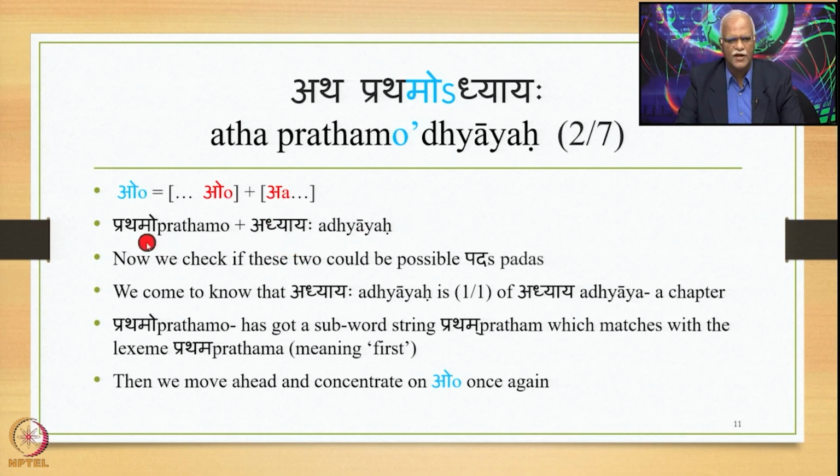Now if we go to the left hand side, Prathamo, we note that Prathamo is not part of any derived word. However, Prathamo has got a subword string Pratham, which matches with the part of the lexeme Prathama, meaning first. We note this and then we move ahead and concentrate on this O in Prathamo once again.